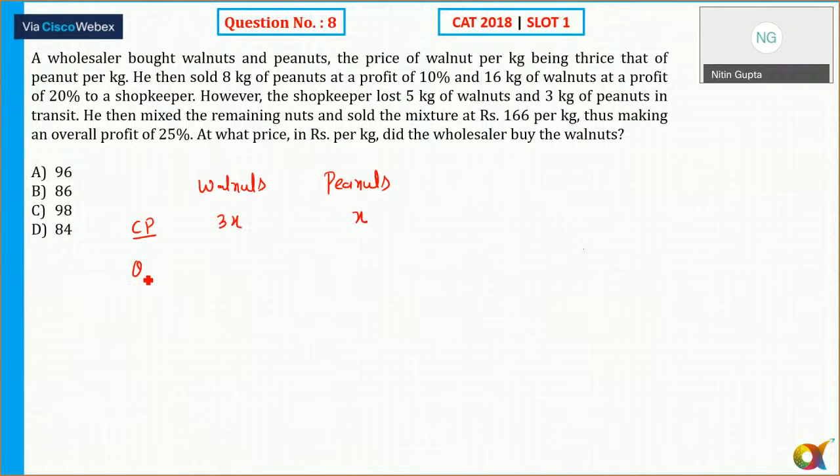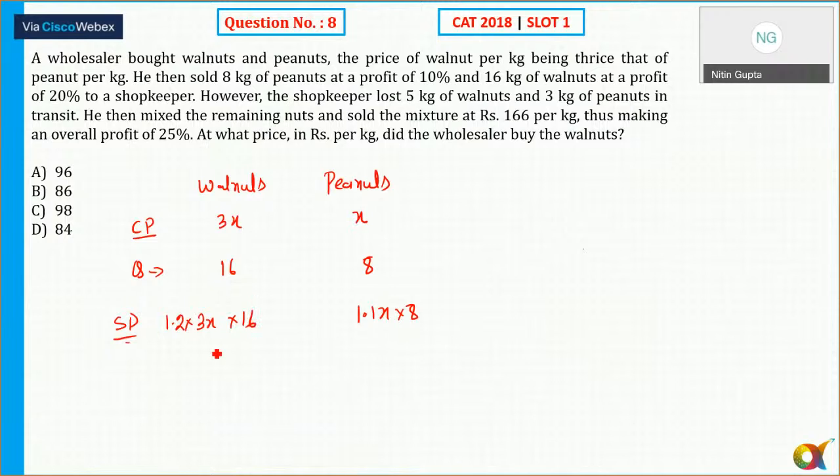Then quantity. He sold 8 kg of peanuts at a profit of 10%. So what is the selling price? Selling price is equal to profit of 10%, so 1.1x, cost price is x, so 1.1x into 8. All right. And 16 kg of walnut at a profit of 20%. So I can say that is 3x into 1.2, 20% profit, into 16.